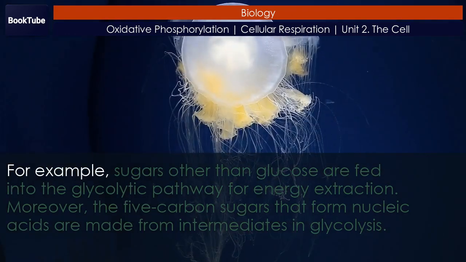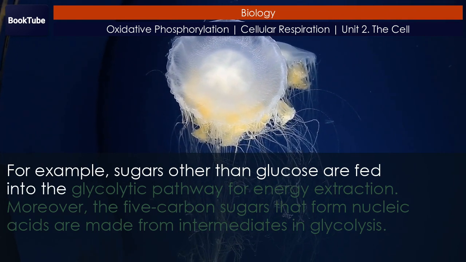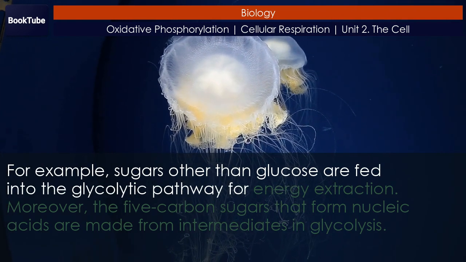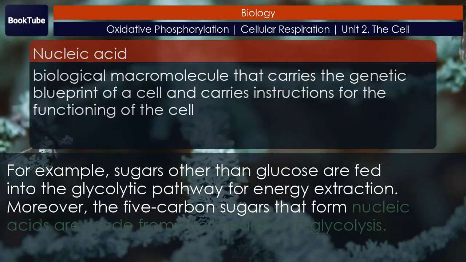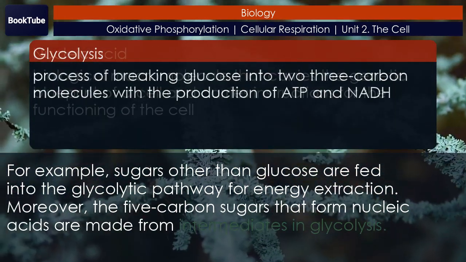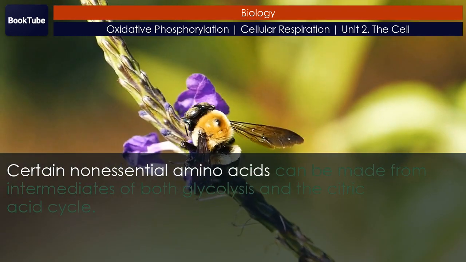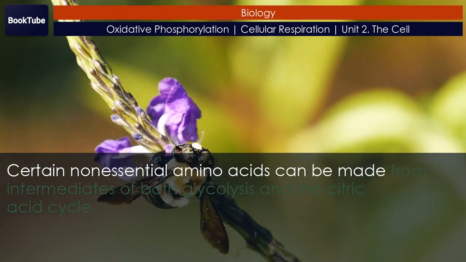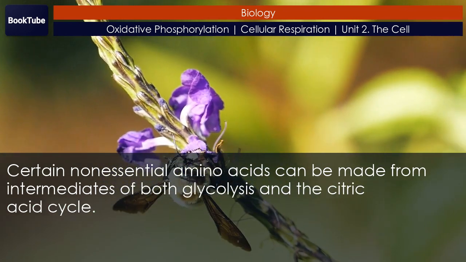For example, sugars other than glucose are fed into the glycolytic pathway for energy extraction. Moreover, the 5-carbon sugars that form nucleic acids are made from intermediates in glycolysis. Certain non-essential amino acids can be made from intermediates of both glycolysis and the citric acid cycle.